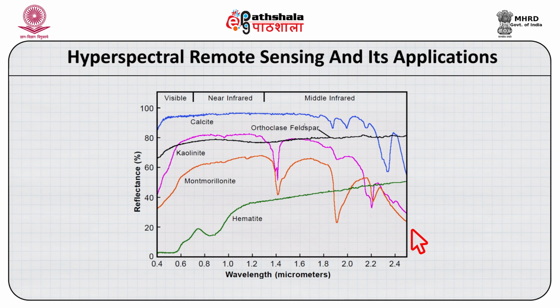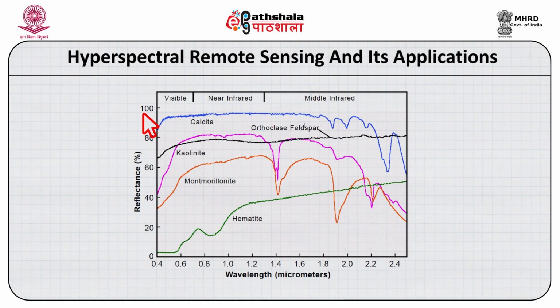The reflectance spectra of some representative minerals have been taken as examples: hematite, montmorillonite, kyanite, then calcite, and then orthoclase feldspar. The wavelength region is plotted on the x axis, and reflectance, the percentage of the sun's energy that is reflected, on the y axis.